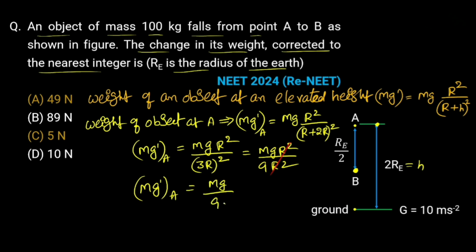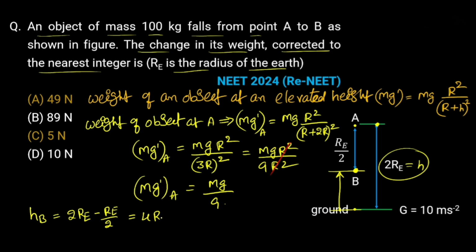Similarly, at B, look at the height corresponding to B. The height corresponding to B equals 2RE minus RE by 2.